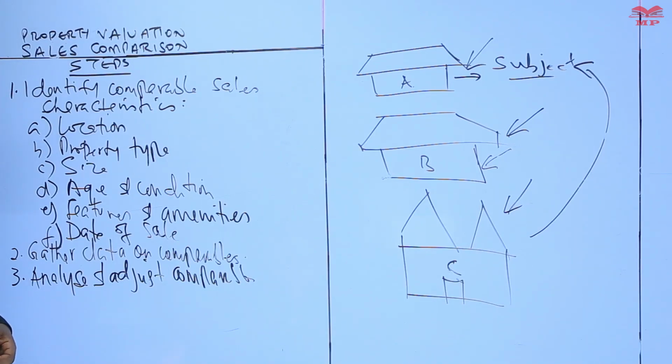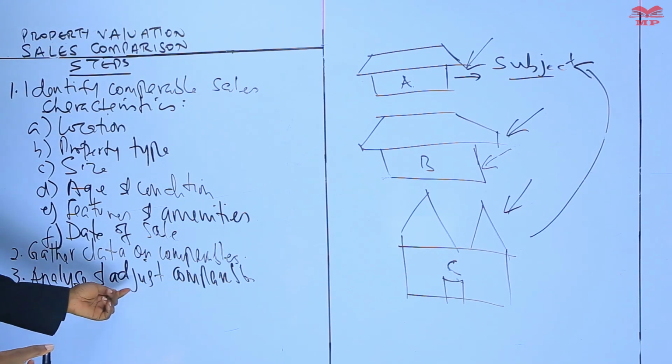There will be variations, and therefore the third step is to analyze and adjust the comparables. Since no two properties are exactly alike, adjustments must be made to the sale prices of the comparables in order to account for any differences between them and the subject property.